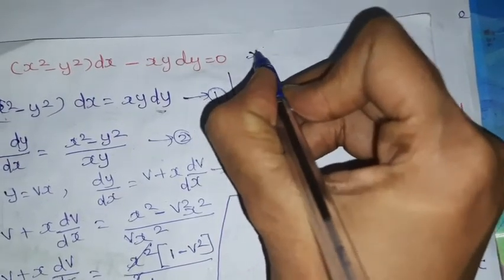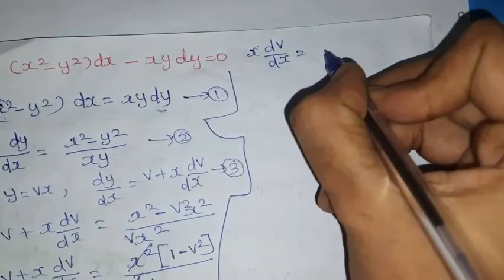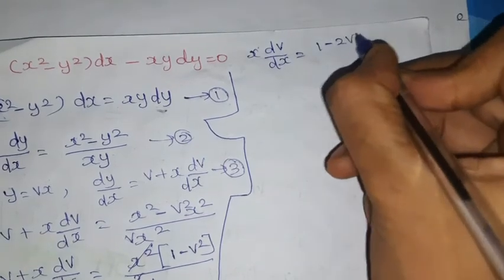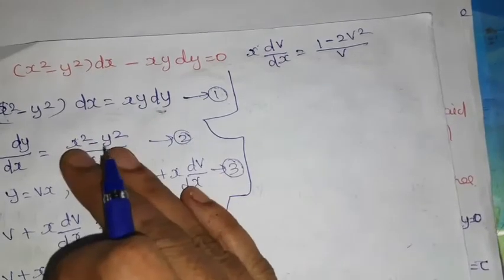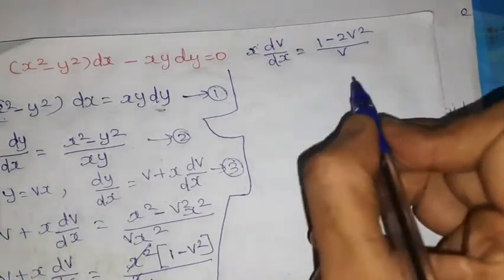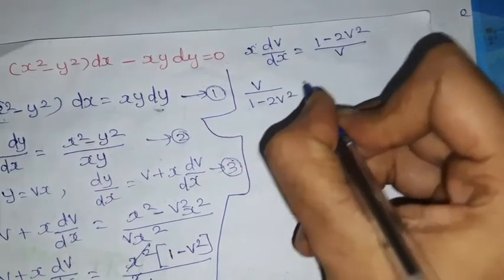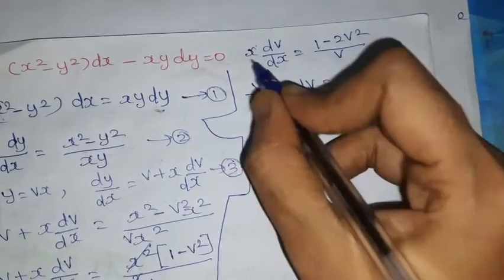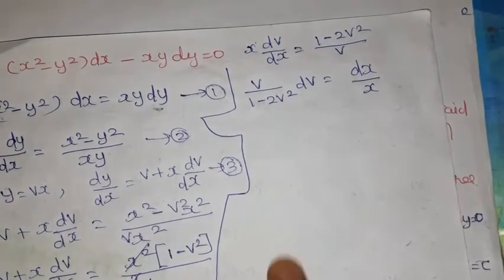So now we are separating v on one side and x on the other side. Now what do we need to do?